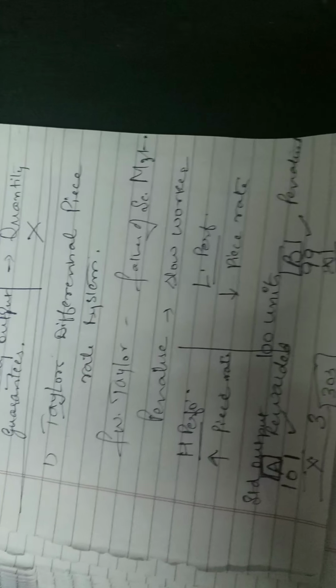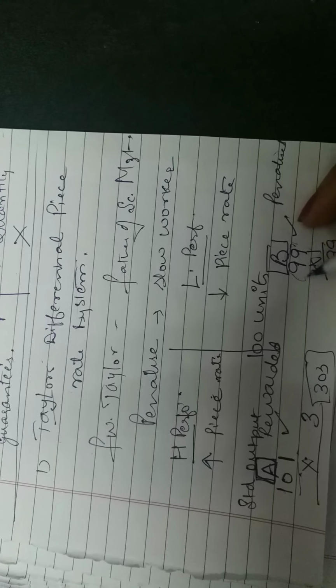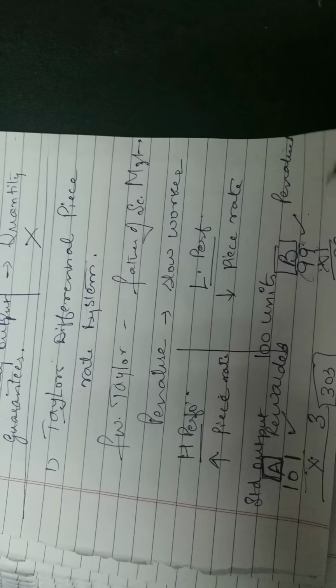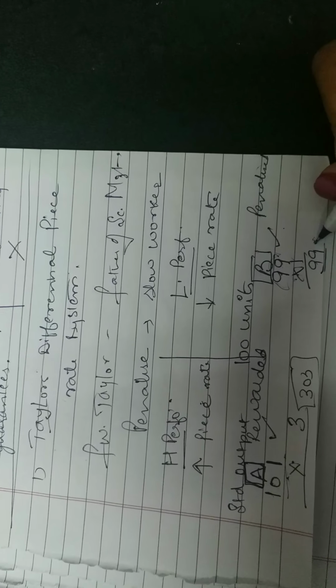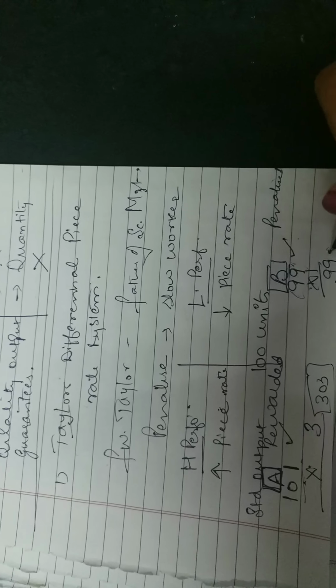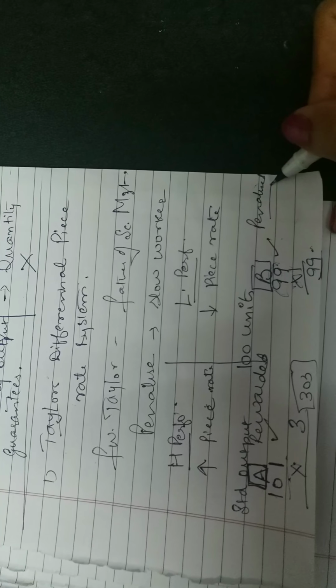So B, though he was short of just 1 unit, still has to get 99 rupees only, because according to Taylor he should be penalized.